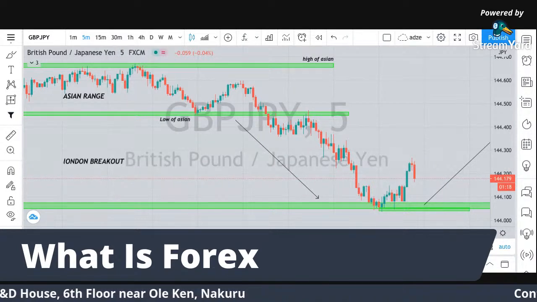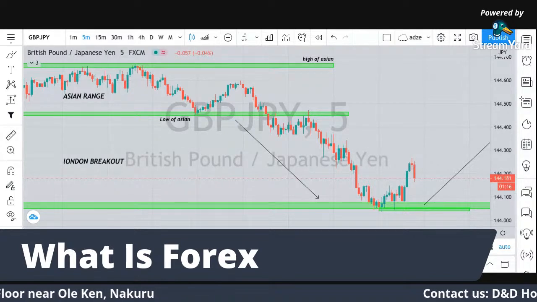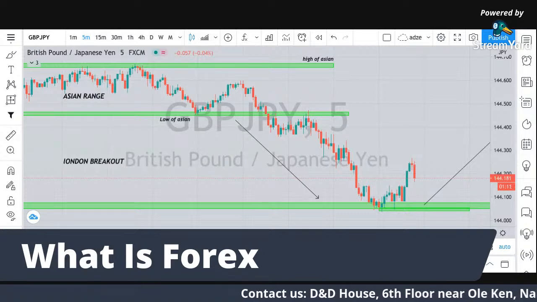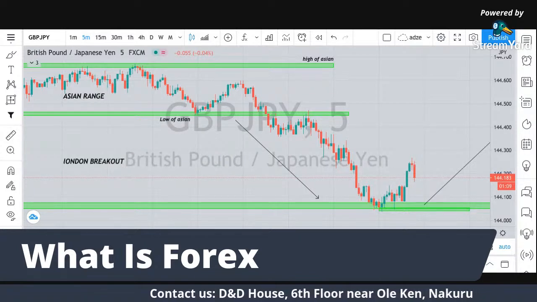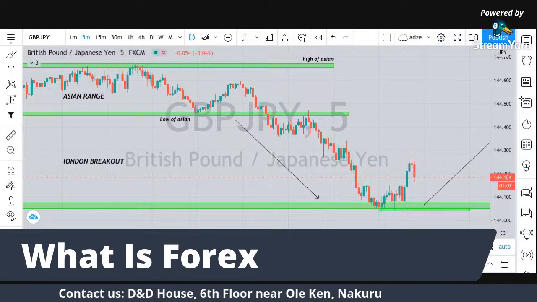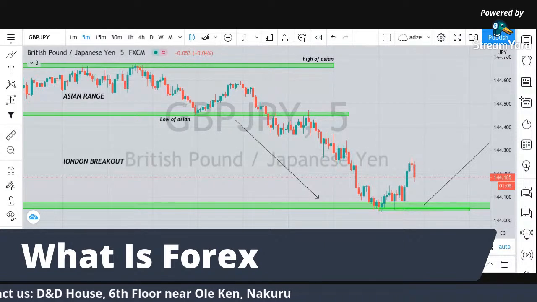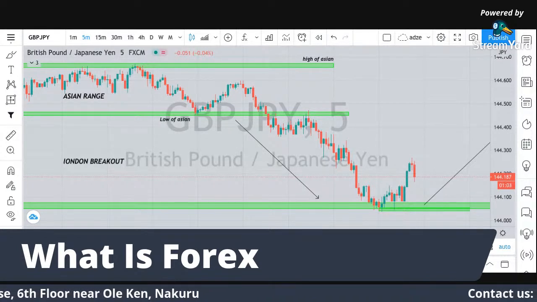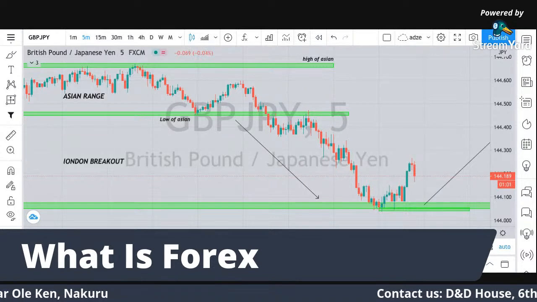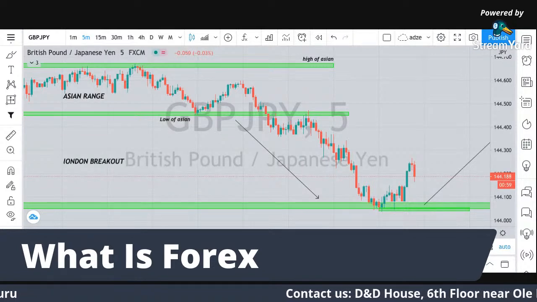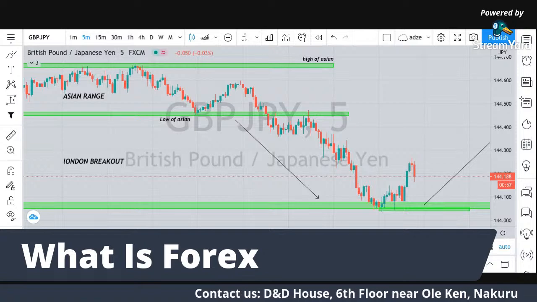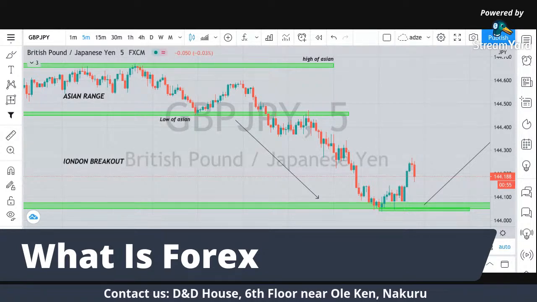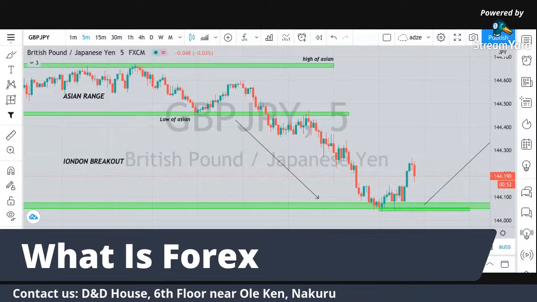It is the exchange of one currency to another. There comes the word foreign, and there comes the word exchange, whereby you exchange one currency to another. And then there's the trading part, which means you trade one currency to another. For example, you can trade US dollar to Kenya shillings.